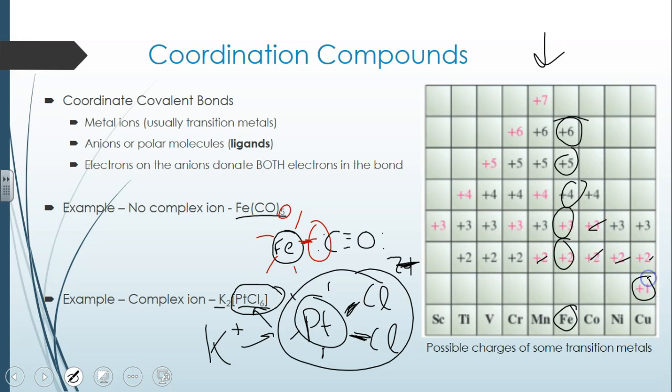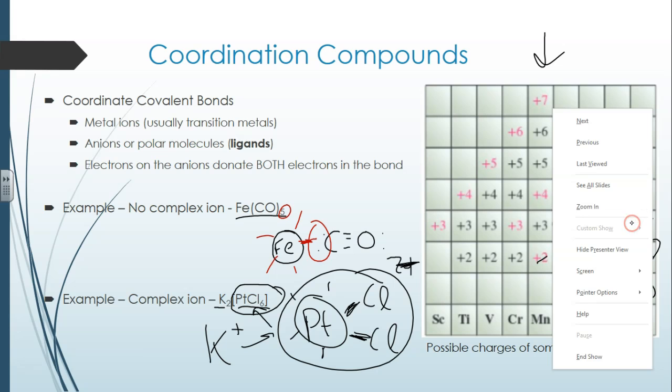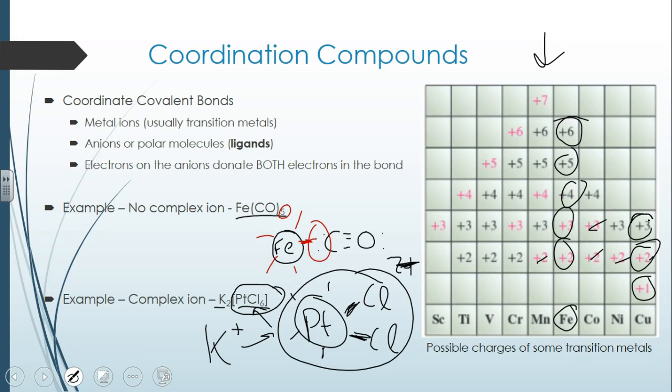Copper is a 1 plus and a 2 plus, but in coordinate covalent compounds or in complex ions, you'll see copper is a 3 plus. Now we're not going to have to memorize all these charges, but I wanted you to see that these coordinate covalent compounds can have transition metals that have all sorts of different charges, or what we would call oxidation states.